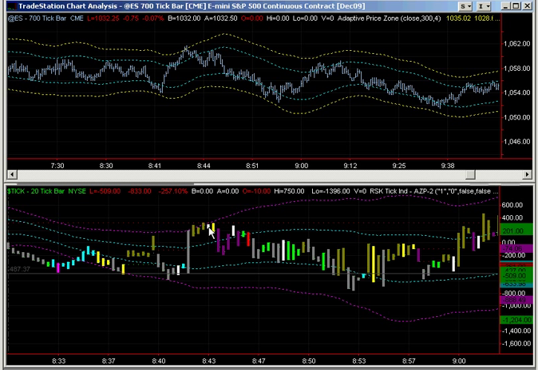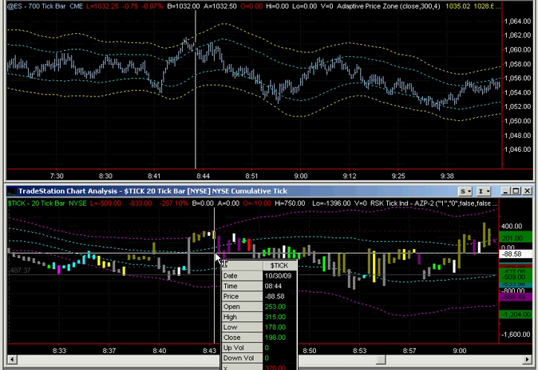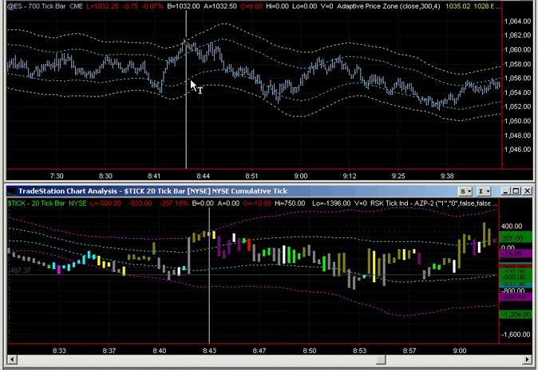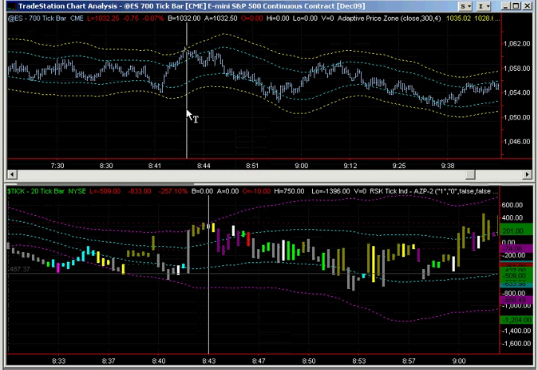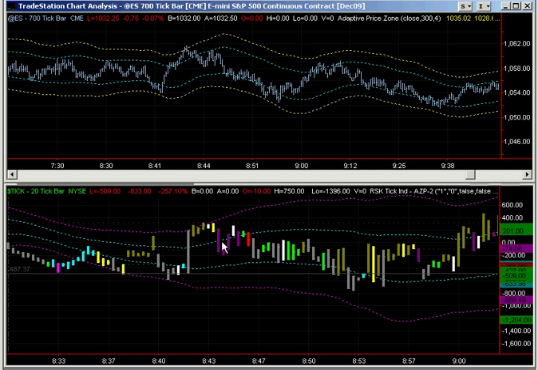Now, white is still a positive color, but yellow is negative. But right in here, we have divergence. We've had a loss of strength, which even gets more so on the next bar. Time to get out of that trade.